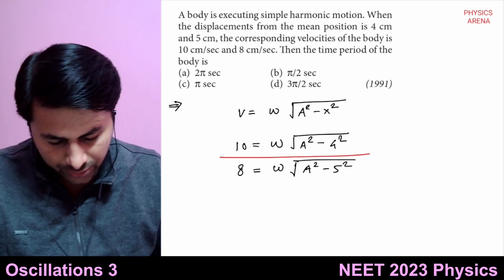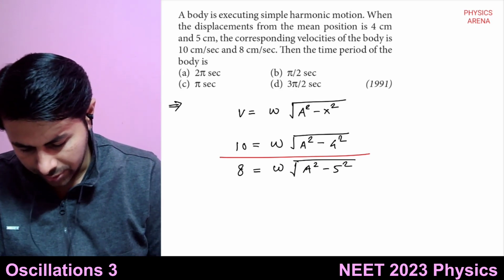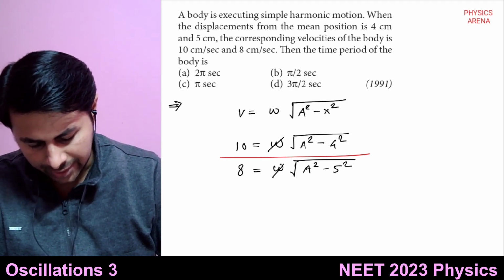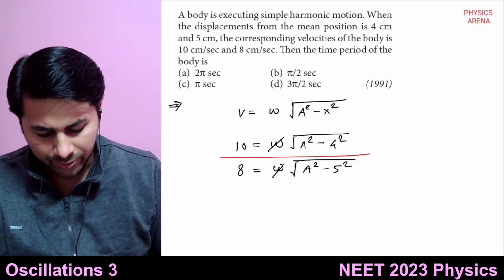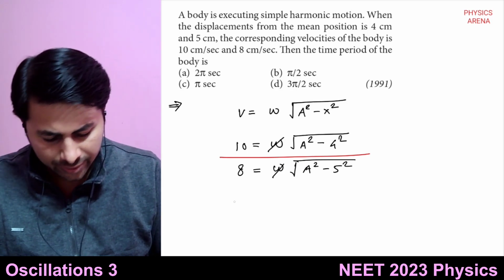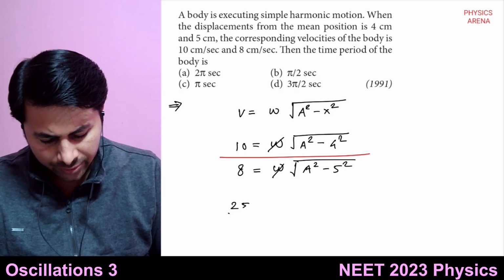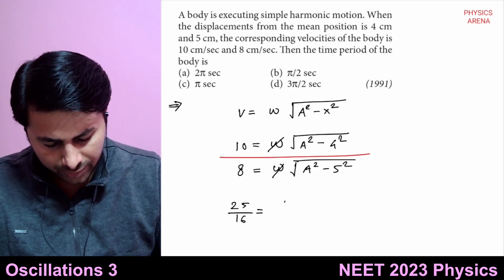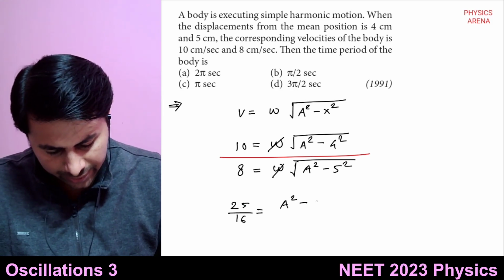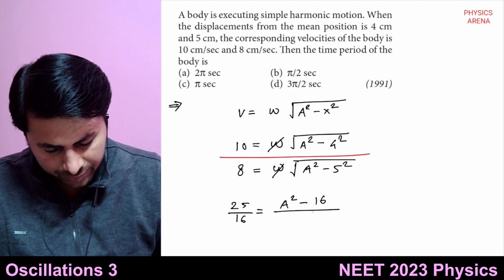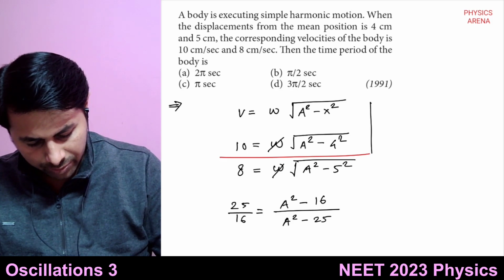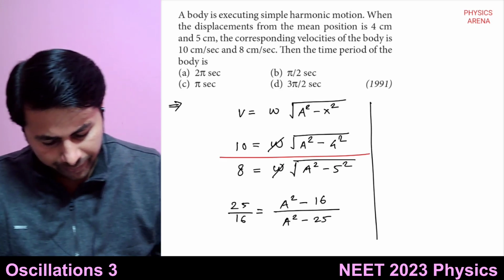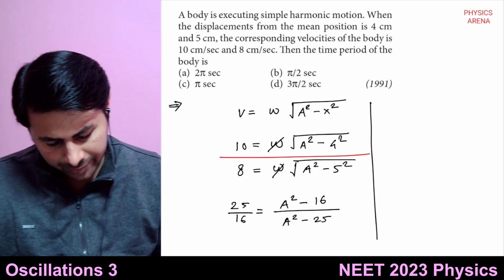Okay, so let's do that. Dividing, omega gets cancelled. So we get 10 by 8 or 5 by 4, and squaring that we get 25 divided by 16 equals a square minus 16 upon a square minus 25. So from this we can find out a, right?